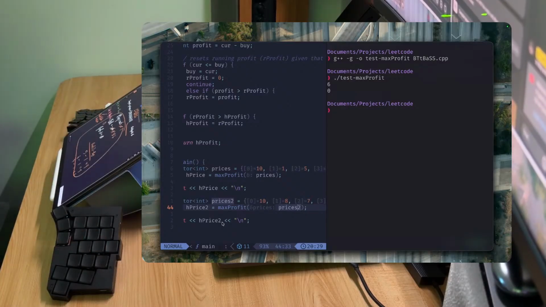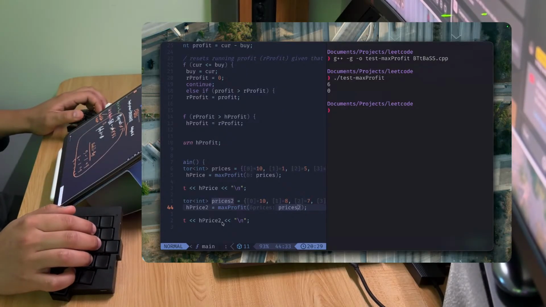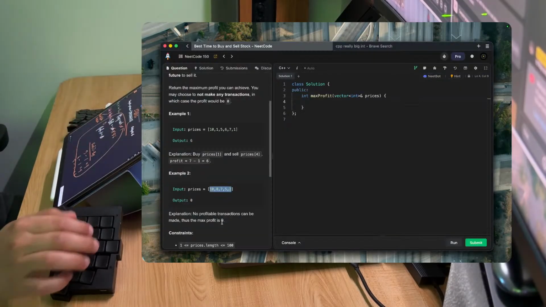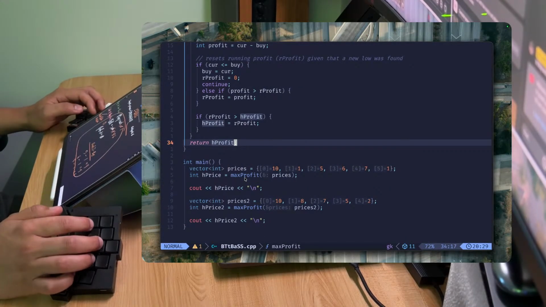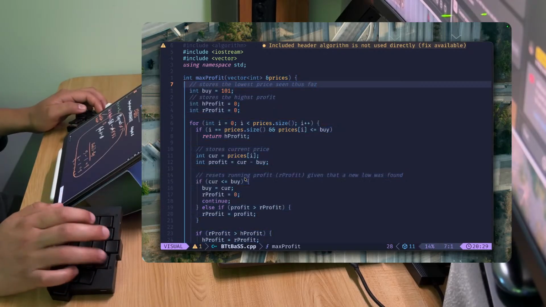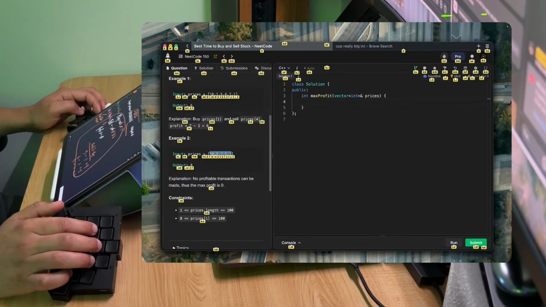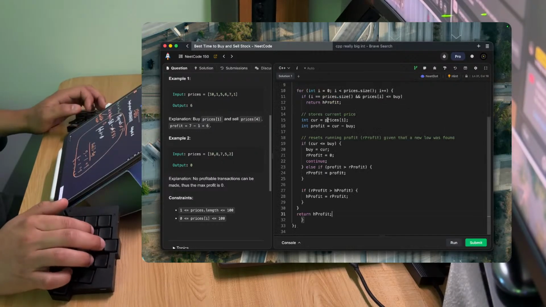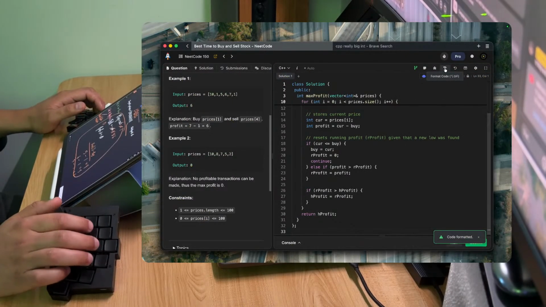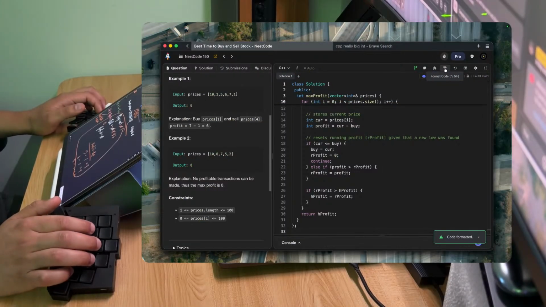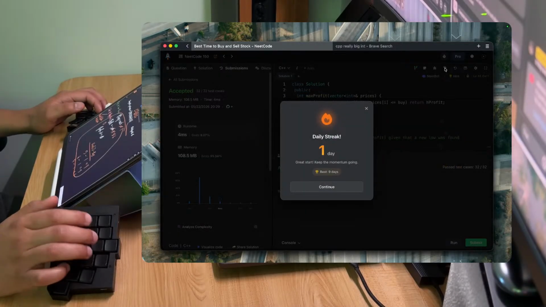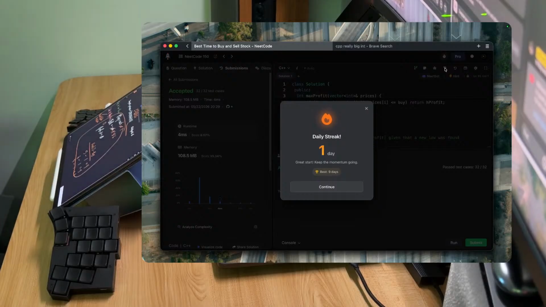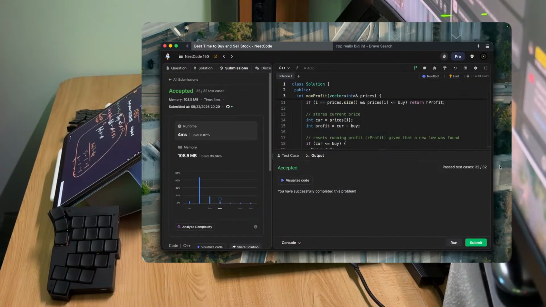I need some other cases. Let's see. I'm just gonna run it. Oh my god. Okay. It was not that bad.